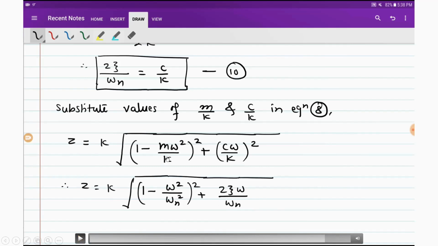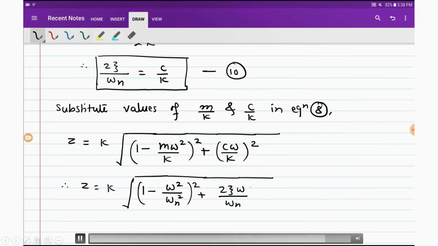Once again, the m by k value is 1 upon omega n square, and omega square is already there, so omega square upon omega n square. C upon k is 2 zeta divided by omega n, and omega is already there, so that also we have written.